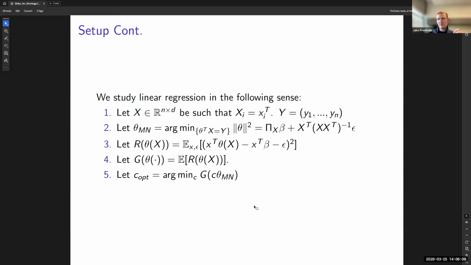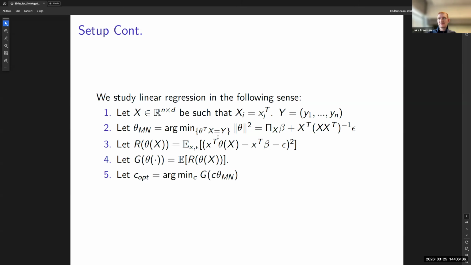And so we start out, we let X be the design matrix, and we're going to take what's called the minimum norm least squares interpolator, theta mn. It's essentially the over parameterized analogue of least squares regression. Without noise, it's just the projection of your unknown vector onto the space that you've seen, and with noise, it's a little more complicated.